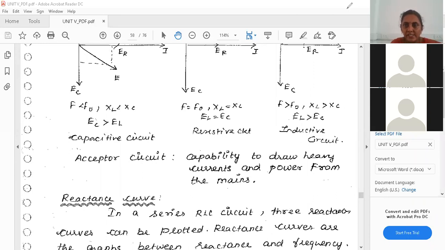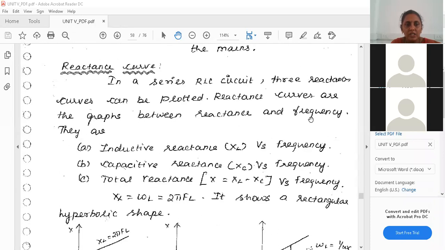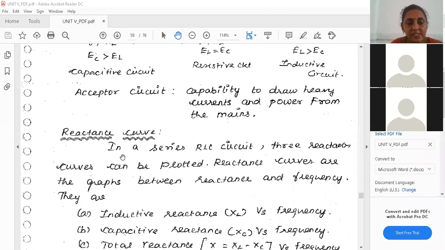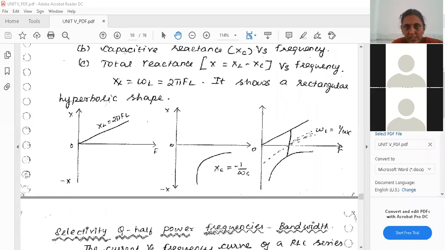Right. The reactance curves we have discussed. See, the current and voltage curve, the phasor diagram we have discussed. Now the reactance curves: we have 3 reactance curves, XL, XC, and the XL equal to XC condition. Now see here, this is XL.